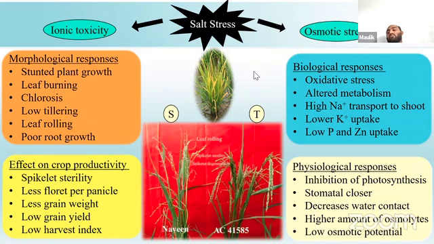This sodium is more toxic to the plant, meaning it disturbs all metabolic processes in the plant. There is low potassium uptake, and calcium and potassium are very helpful to reduce sodium transport from root to shoot. There is also low phosphorus and zinc uptake. Physiological responses are inhibition of photosynthesis, stomatal closure, decreased water content, a high amount of osmolytes and low osmotic potential.